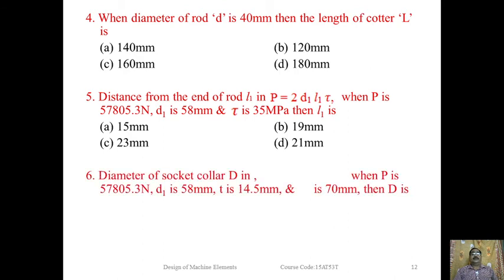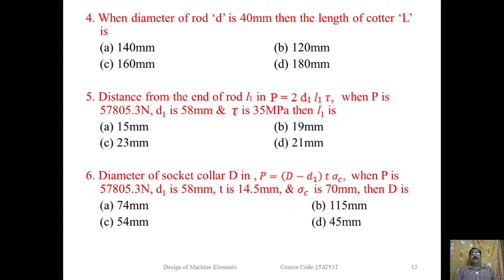Sixth one: the diameter of the socket collar capital D in the equation capital P is equal to capital D minus d1 into t into sigma c, when P is 57,805.3 Newton, D1 is 58 mm, t is 14.5 mm, and sigma c is 17 mm. Then D is.